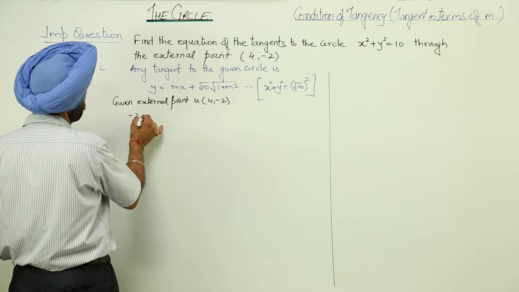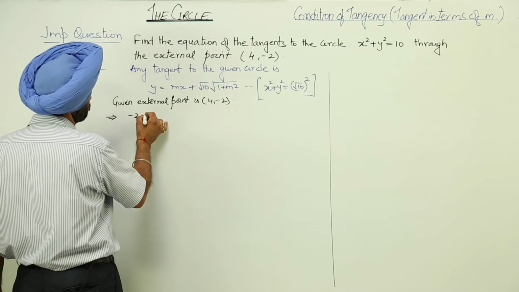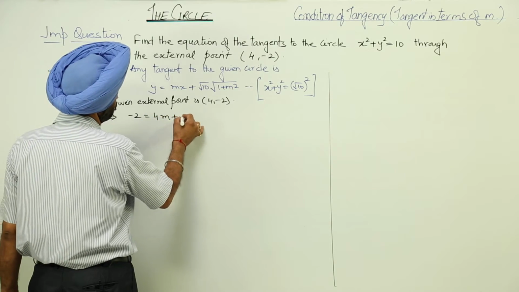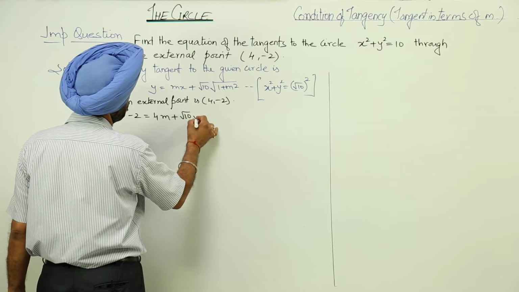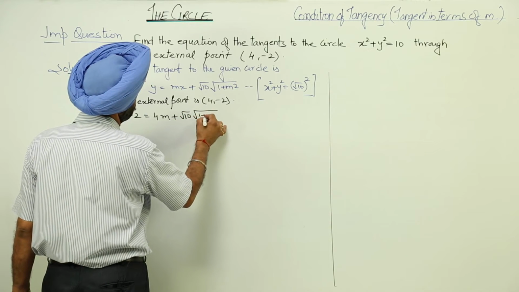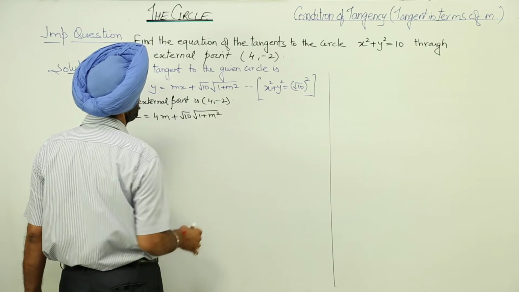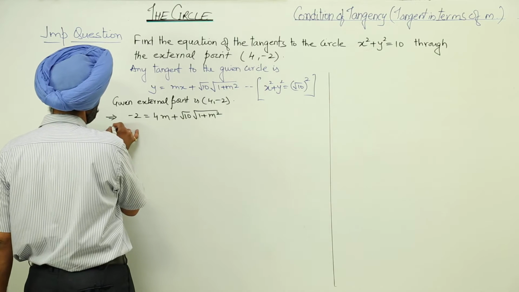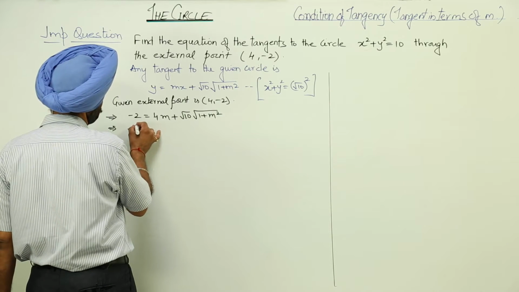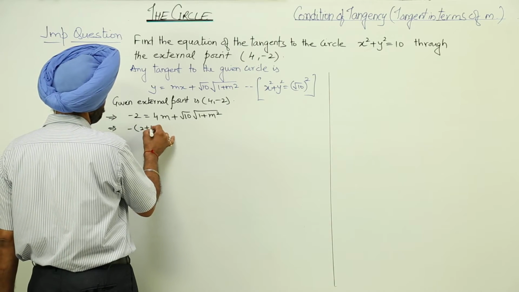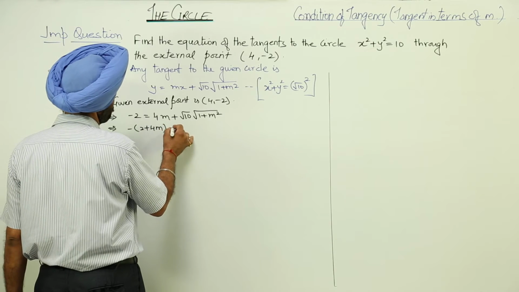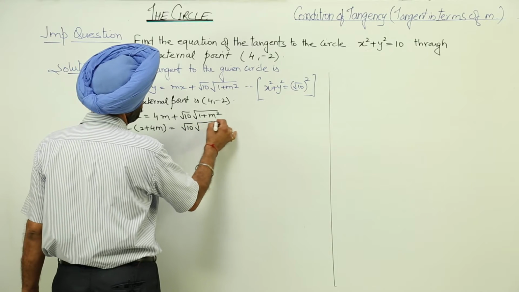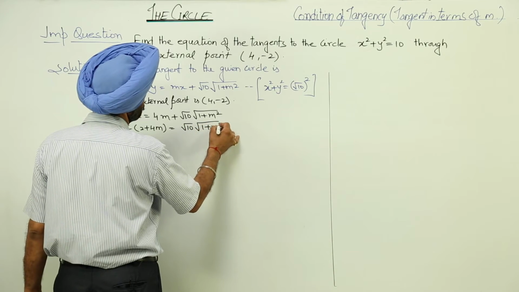Now negative of 2 is equal to 4m plus root of 10 times 1 plus m square. Negative of 2 minus 4m is equal to root 10 with 1 plus m square.